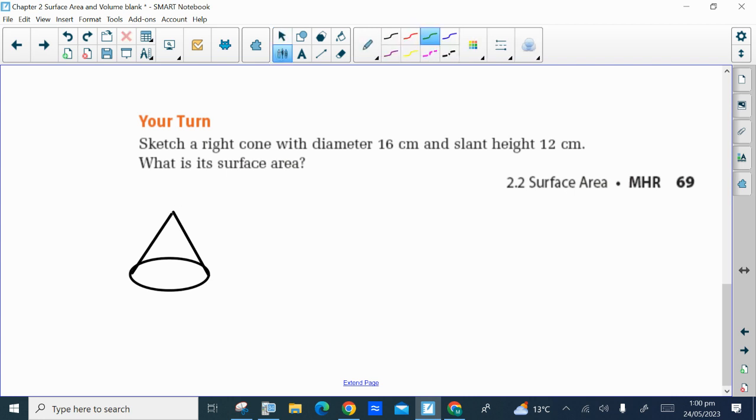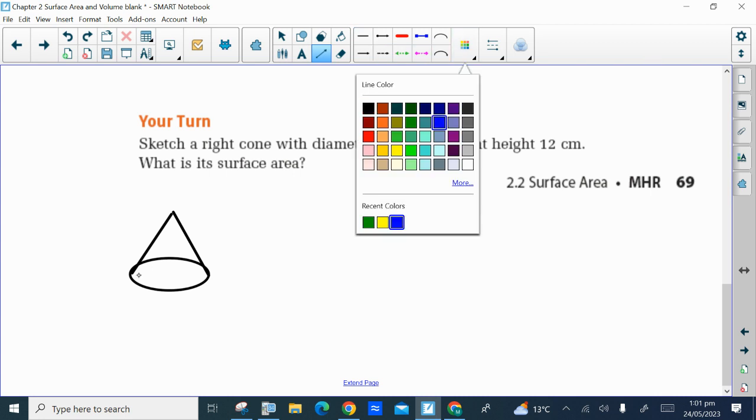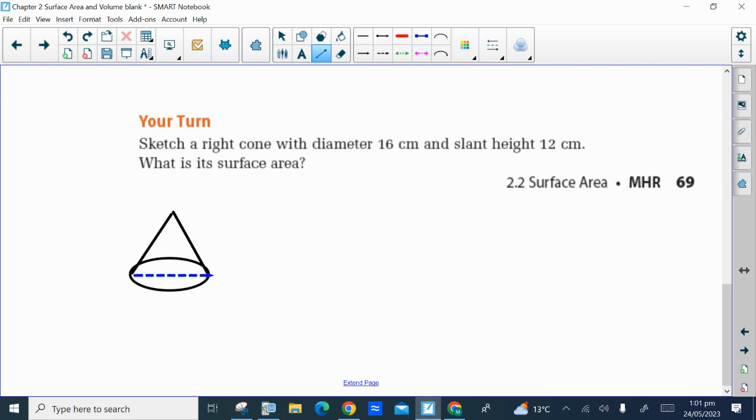So again, we have a diameter of 16 centimeters. That's the entire length along the bottom there. And a slant height of 12 centimeters. If the diameter is 16 centimeters, that means our radius would be half of that.